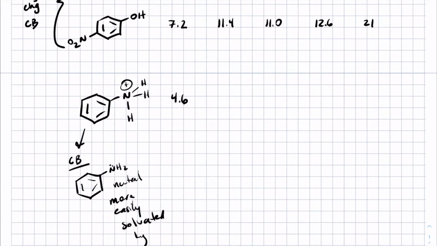However, resonance does stabilize the conjugate base because these lone pairs are delocalized in the ring. Yeah, so taking the proton off is stabilized. That's right. With normal amines, it's like 10 or 11. So this is substantially more acidic than normal amines.